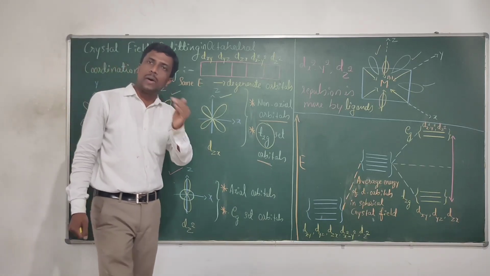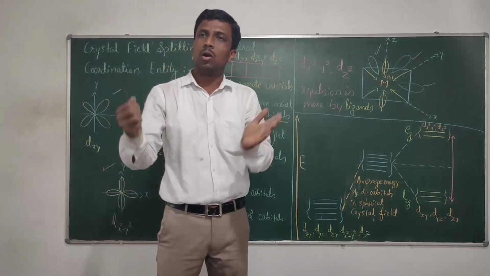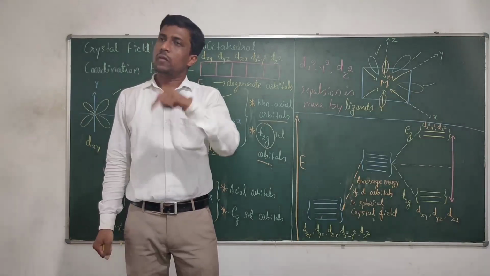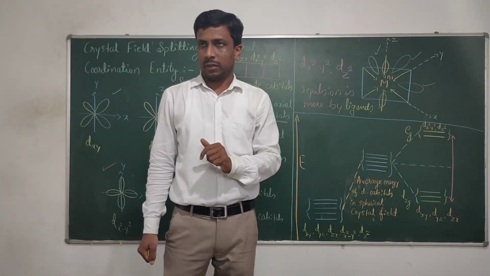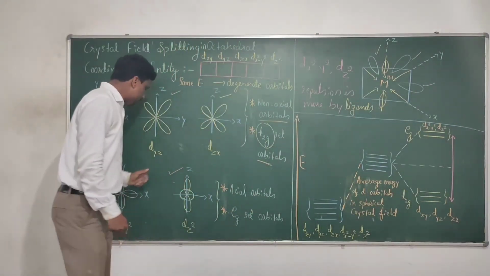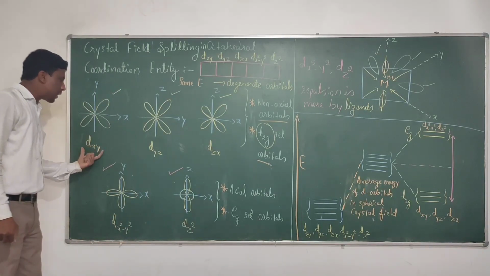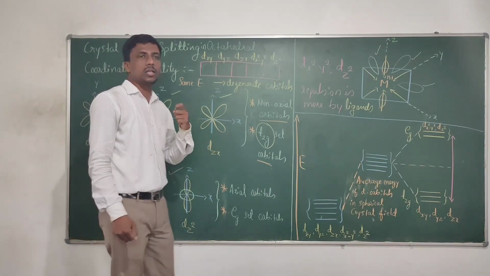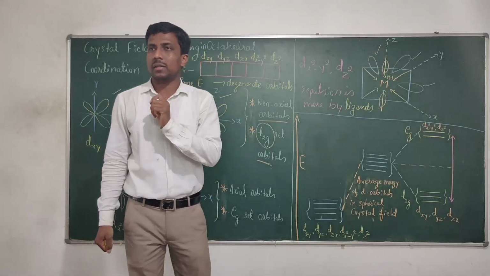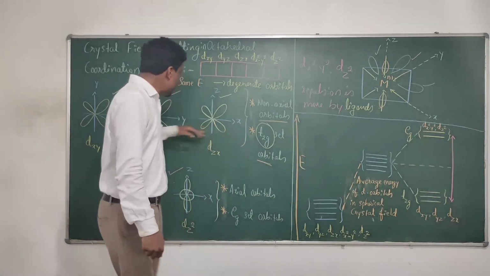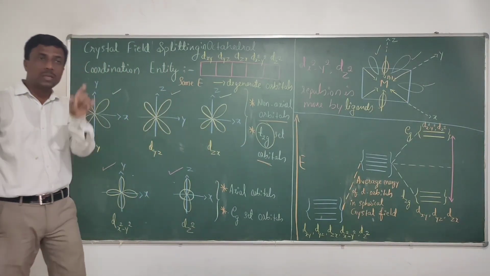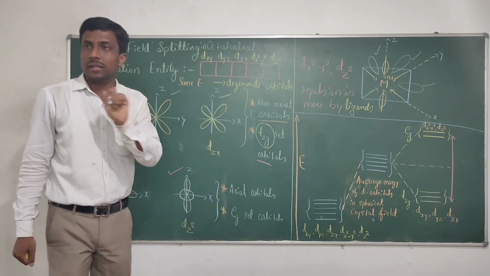Okay, that is the general concept: if repulsion increases, energy increases. Now for dxy, dyz, dzx orbitals, repulsion is less. Why? Because these three orbitals are having their lobes in between the axis.